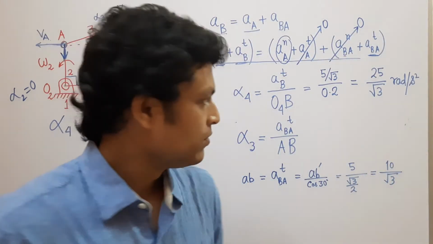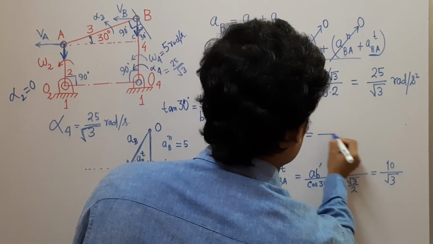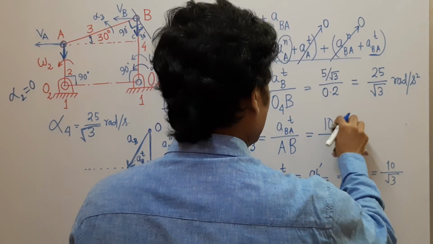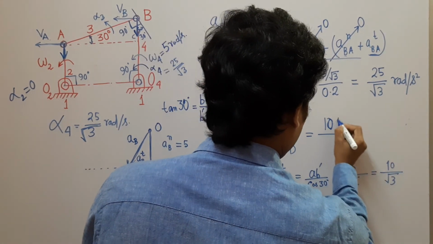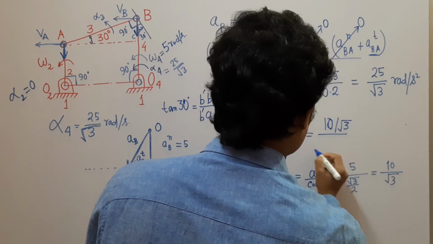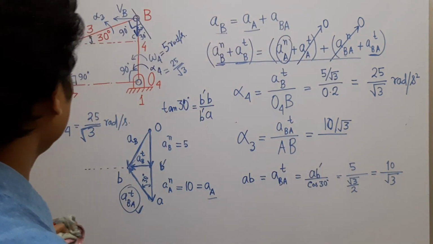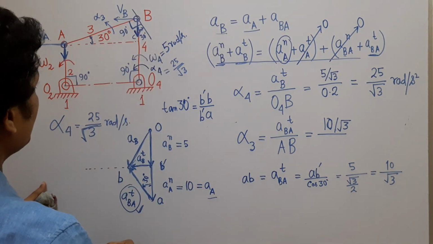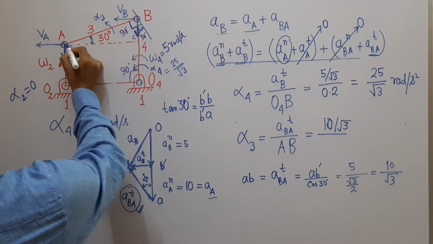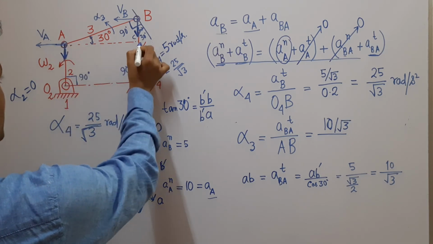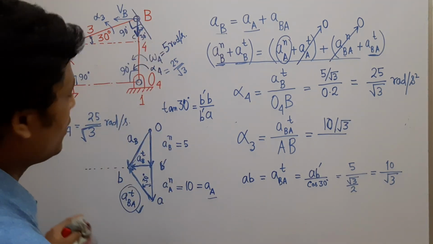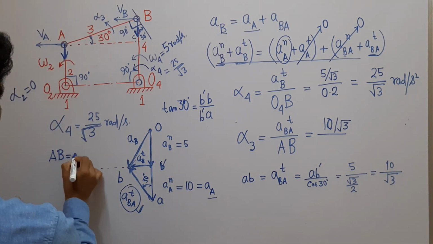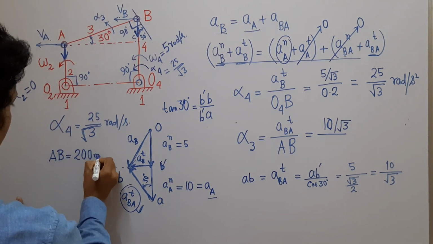So put the value here, 10 by root 3 divided by the value of AB. AB will also be 200 millimeter. If this is 30 degree, this is 100 and this is 200. So length of AB will be 200 millimeter.